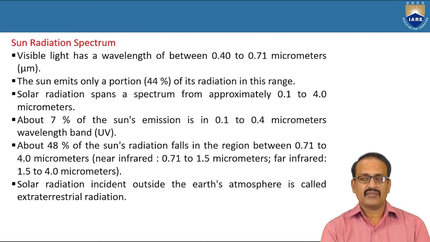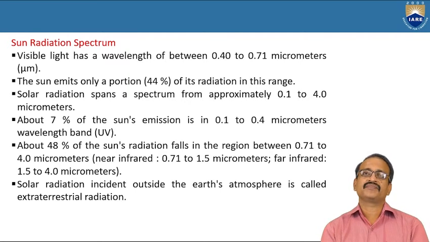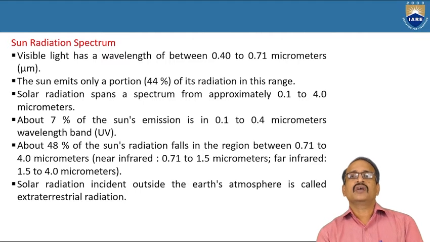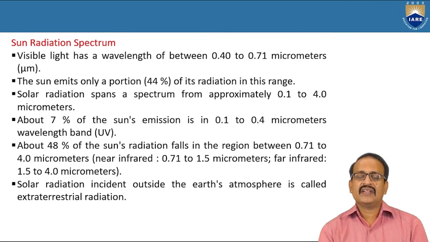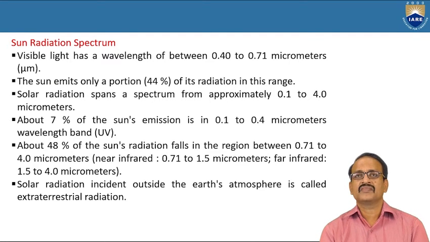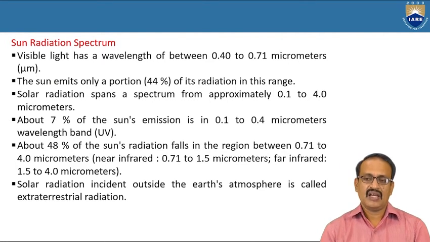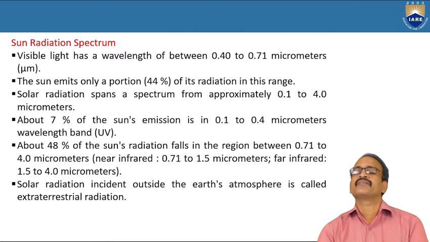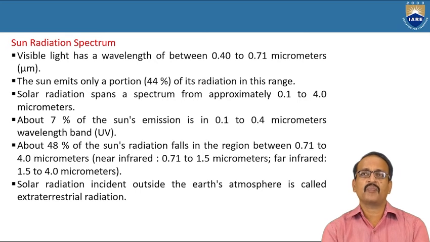If you go to the radiation of the sun, what is visible light? More than some wavelength we cannot see, and less than some wavelength we cannot see. That is between 0.4 and 0.71 micrometers.